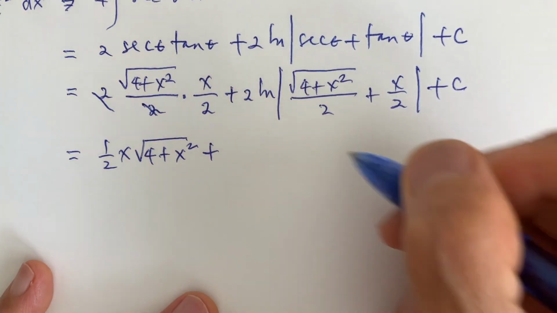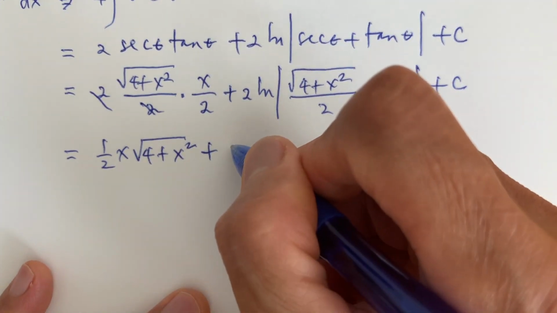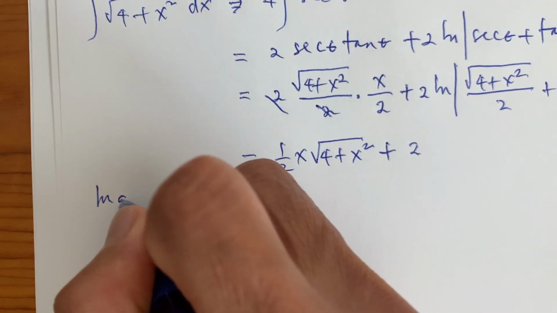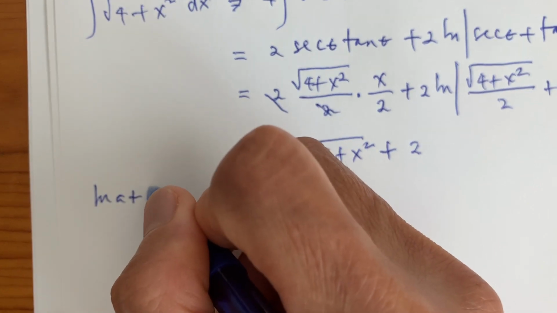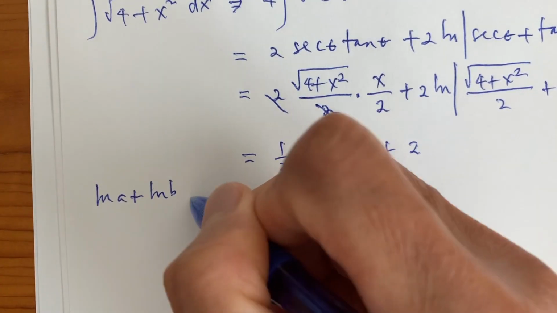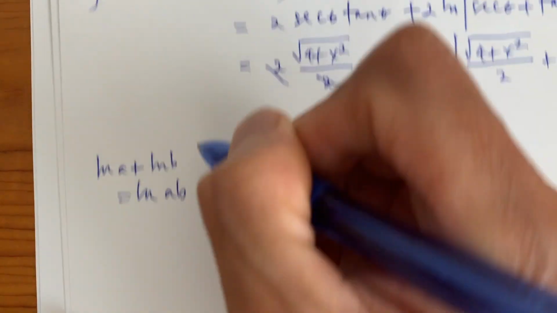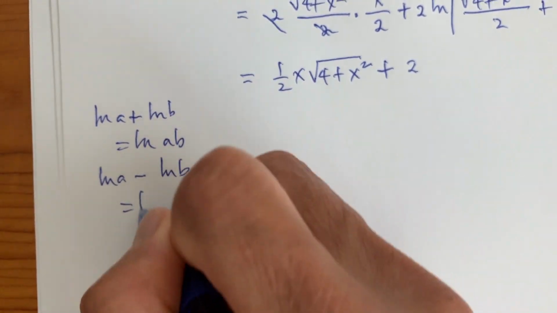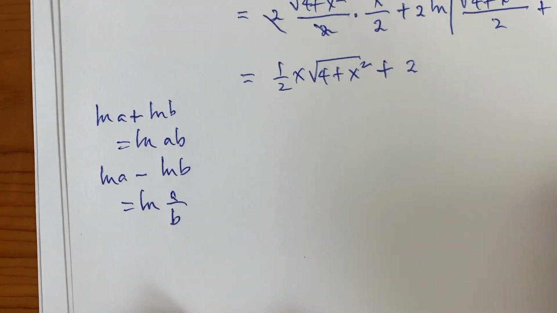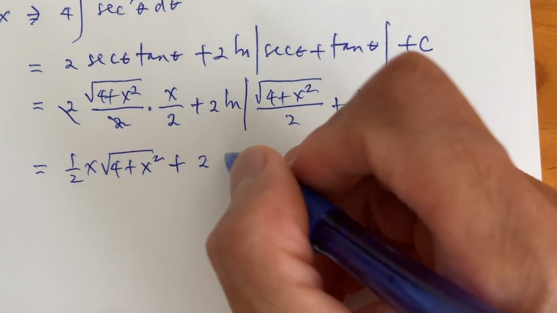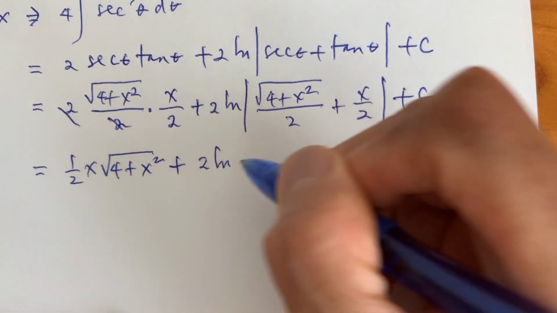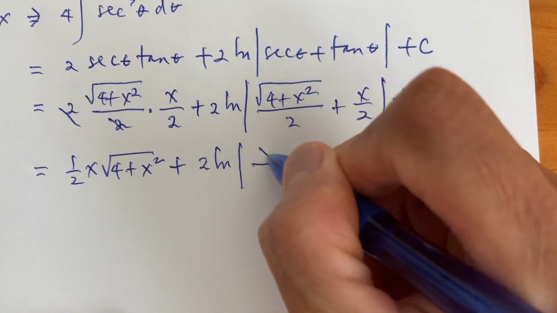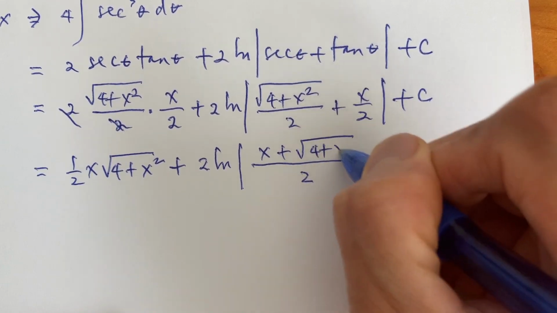Now, I'm going to use here properties of logarithms. We recall that, here we go, let me review that a bit. Ln of a plus ln of b can be written as ln of ab, right? And then ln of a minus ln of b can be written as ln of a over b. So, I'm gonna write this as, here we go now, ln of, since they have the same denominator, we can write this as x plus the square root of 4 plus x squared over 2.